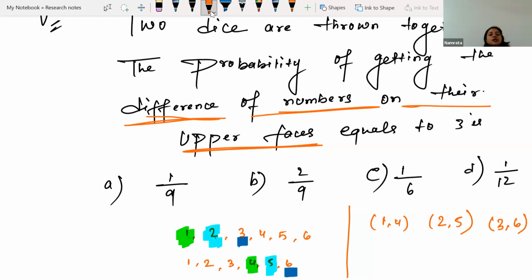Do we know the total outcome? When we are throwing two dice, what will be the total number of outcomes? What will be the sample space?